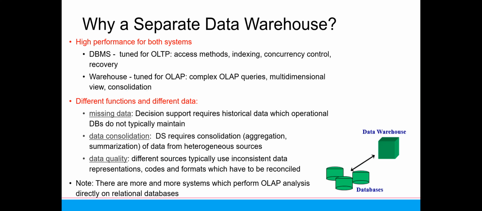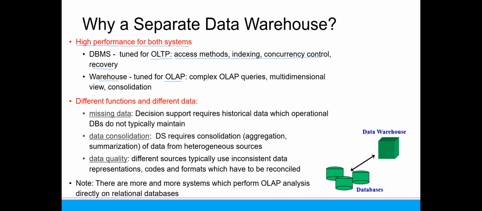Why a separate data warehouse? Because when we are dealing with the analysis or decision support system, we need to have a high performance. And the OLTP also needs the high performance. If you combine the OLTP and the OLAP, then it will ruin the company. The OLTP needs access method, indexing, concurrency control, and recovery.